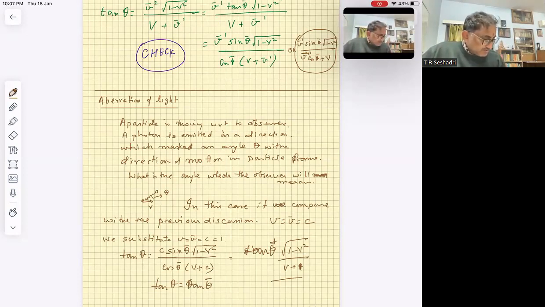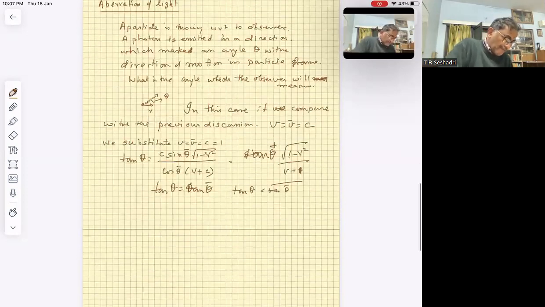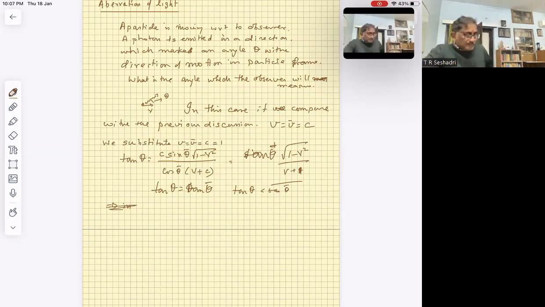Now, when V is not 0, then tan theta is less than tan theta bar. It means that in the unprimed frame, the direction in which the photon propagates has changed.